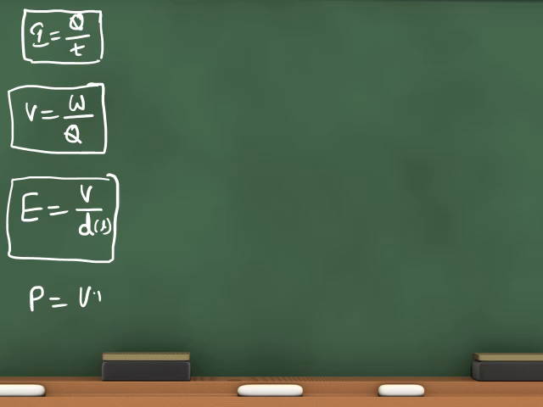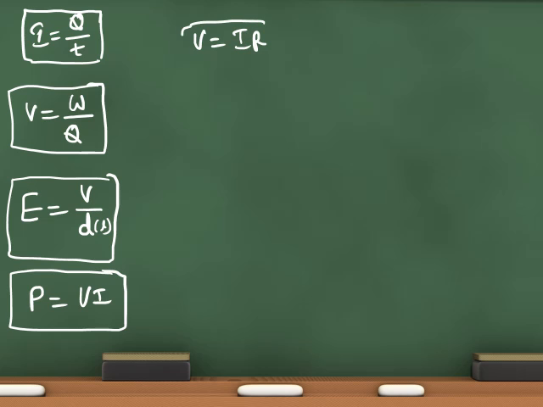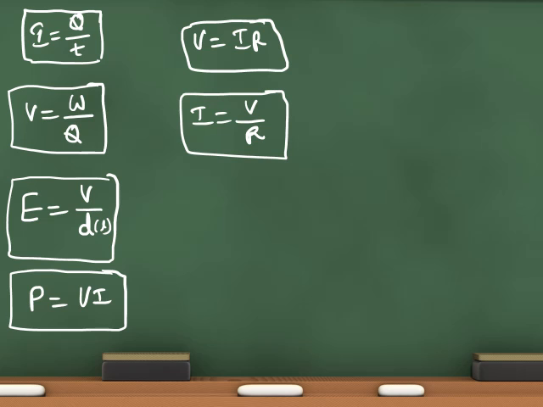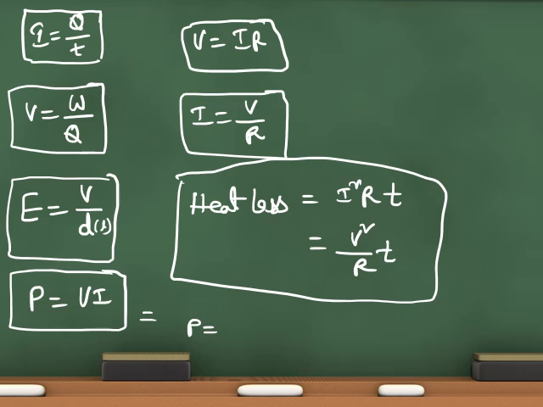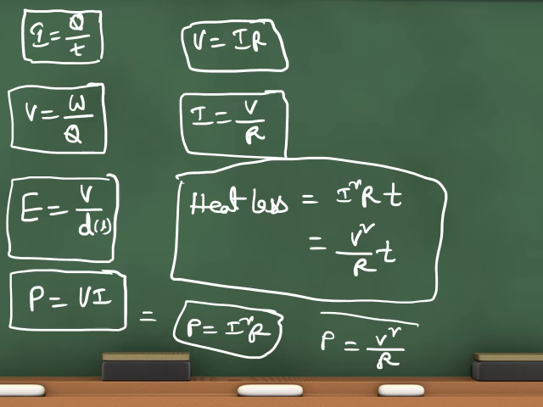P equal to V into I. V equal to IR, and I equal to V by R. Then heat energy, heat loss equal to I square RT, which can be equal to V square by R times T. Power can be written as I square R, and power equal to V square by R. These are all the things we know till now.